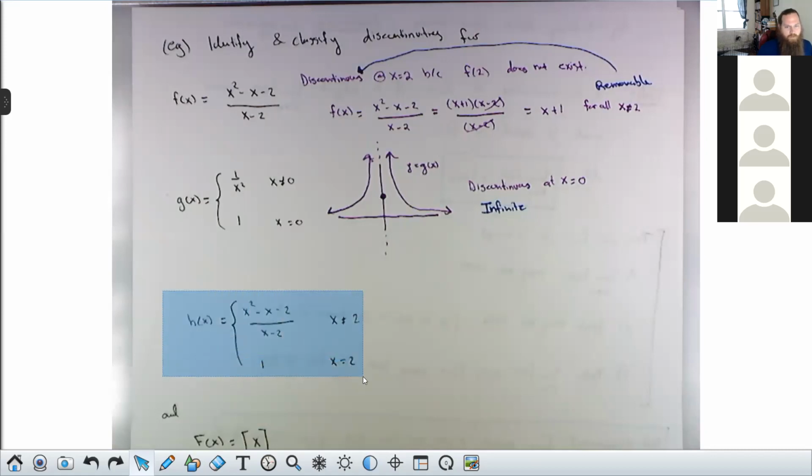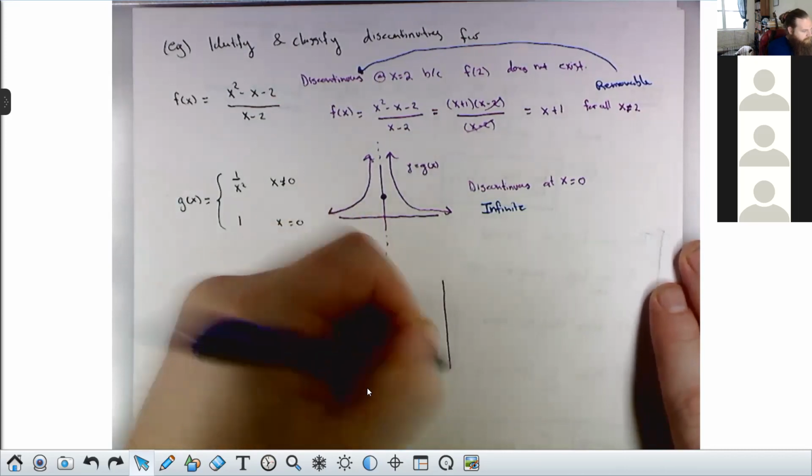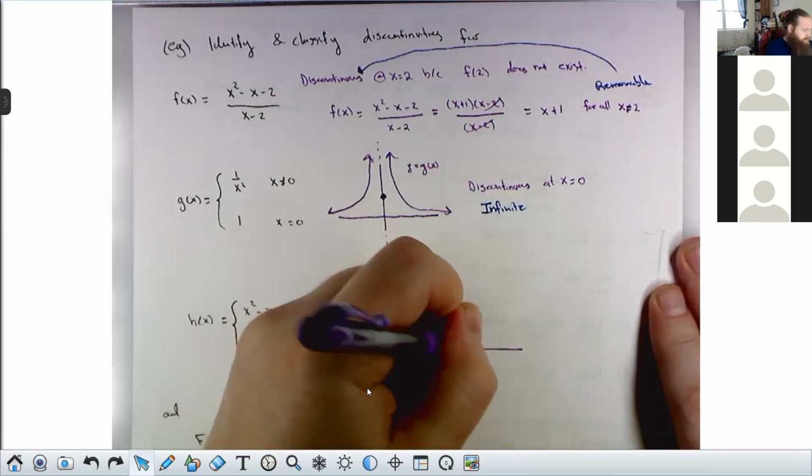All right, h of x, this guy, he's the same as this guy, but we've defined the function to be equal to 1 when x is equal to 2. So we drew the graph of that function earlier. This one is very similar.